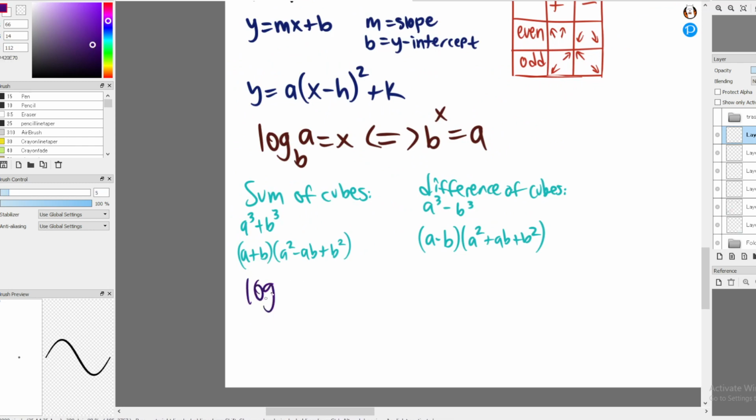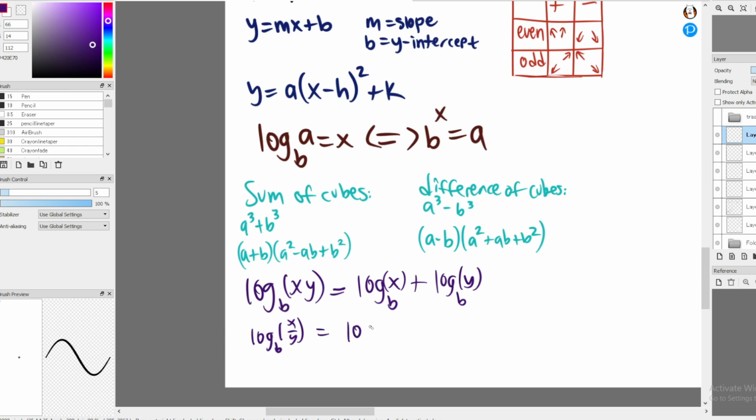If you have a log with the same base of x times y, that's the same as saying log base b of x plus log base b of y. If you have a log of x divided by y, that's the same as saying log base b of x minus log base b of y.